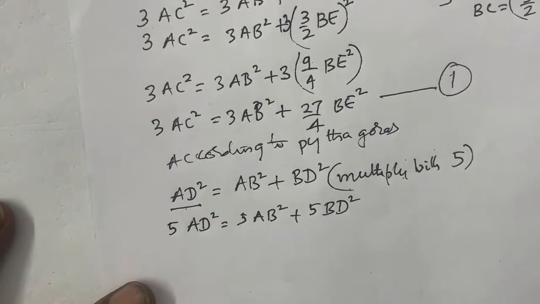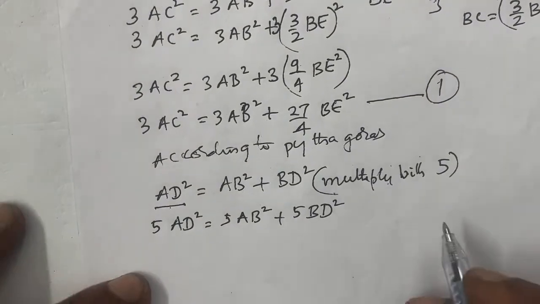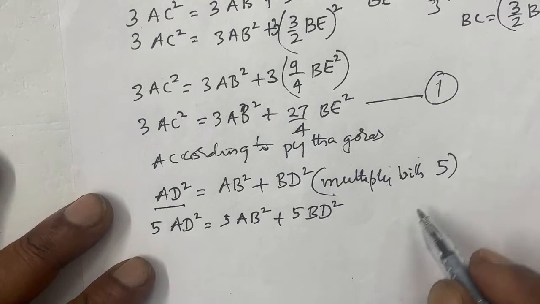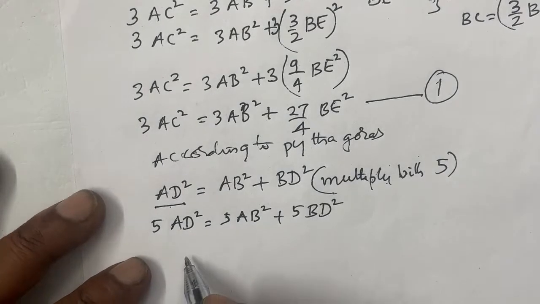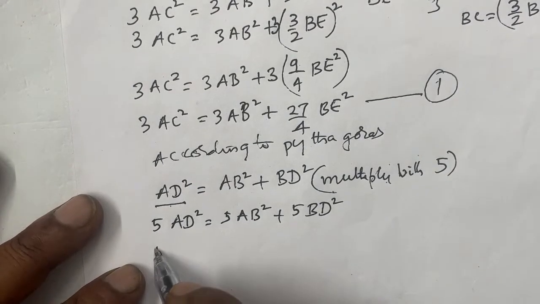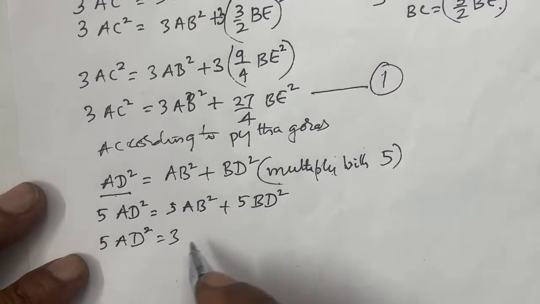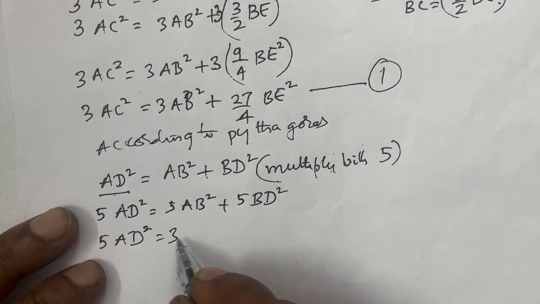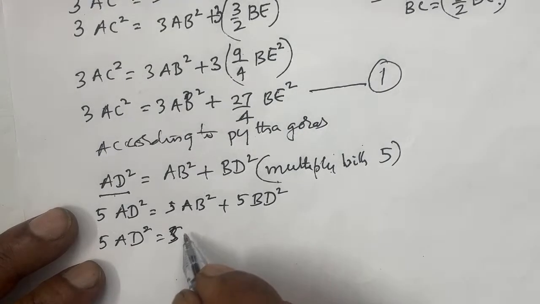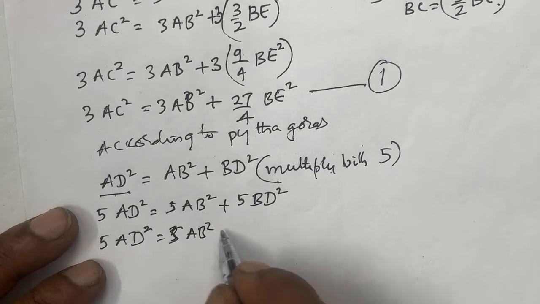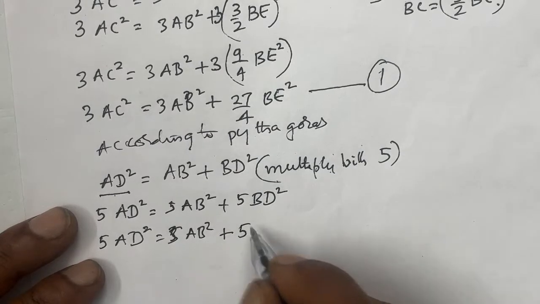So now here, the next step is 5AD square equals 5AB square plus 5 into BD square.